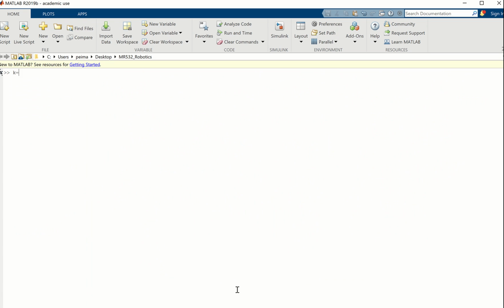So you can say the gain is 8, 9, 3 times the inverse of that matrix.